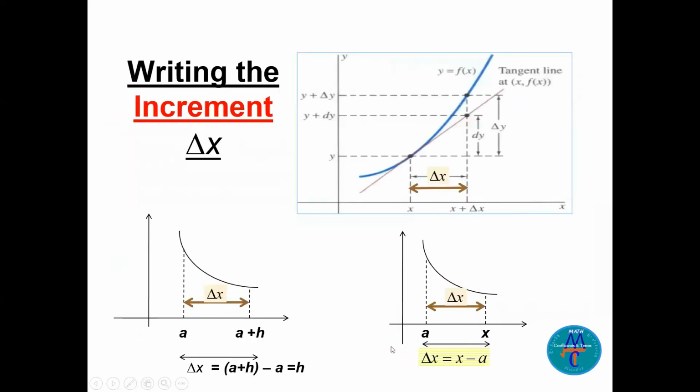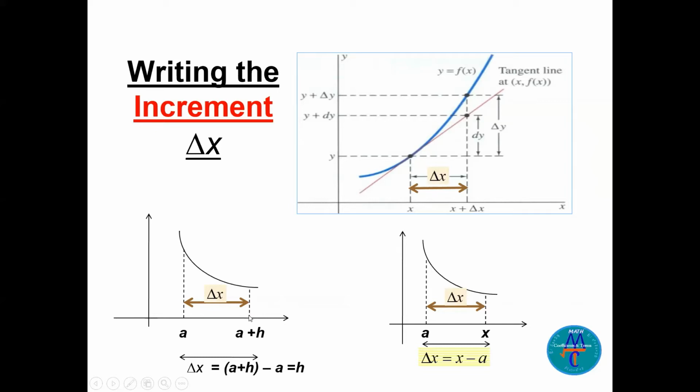Let me explain more about delta x. This is the graph we have seen before. From x, we go to the second point, x plus delta x. As I mentioned, delta x is a very small number. So this might be like 2, this is 2.03, whatever. Let me write this increment delta x in another way, to make it easier. I can write a as the number here, a plus h.